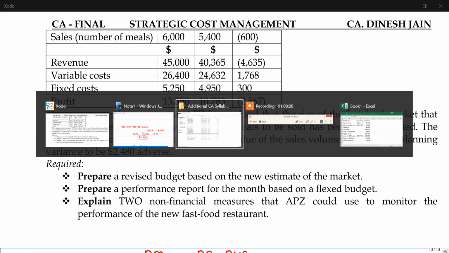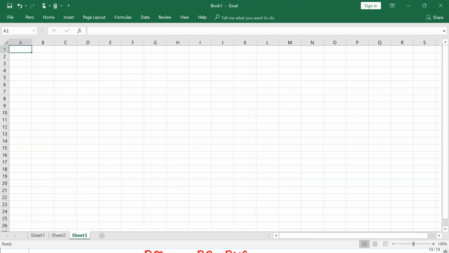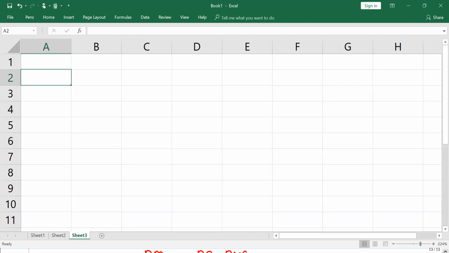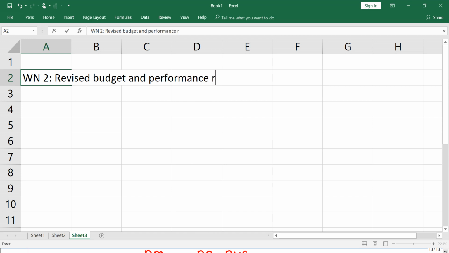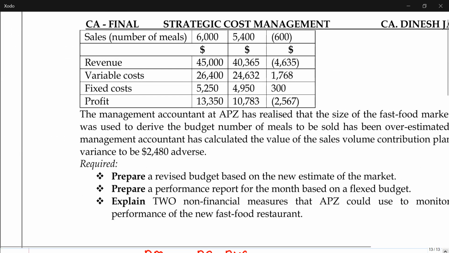Next working note, revised budget and performance report. We will prepare the performance report in the way they have prepared it. Listen for a minute.